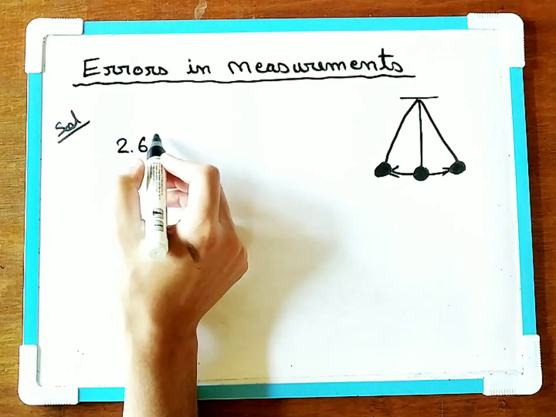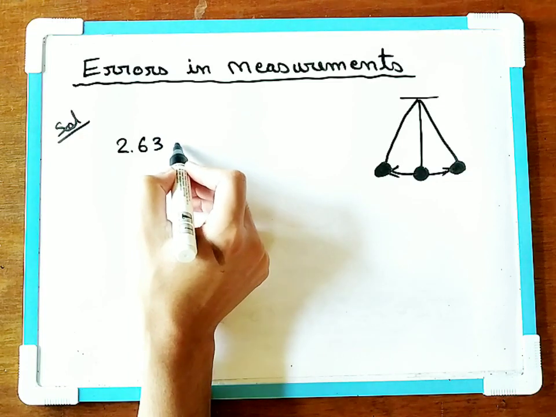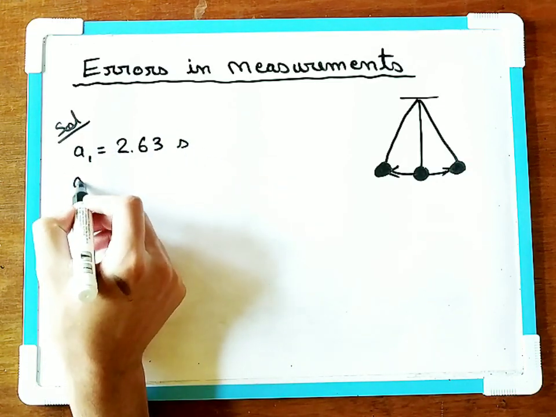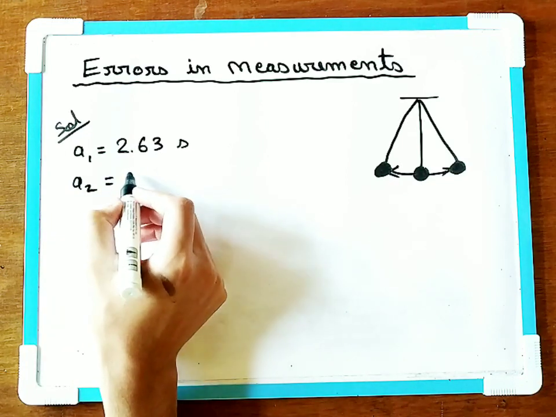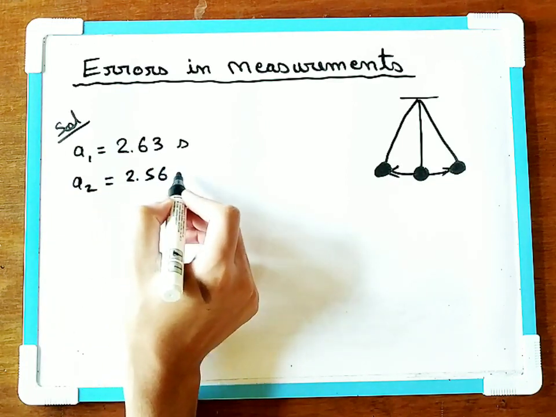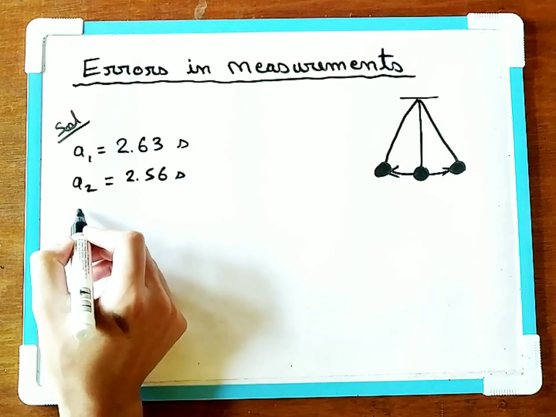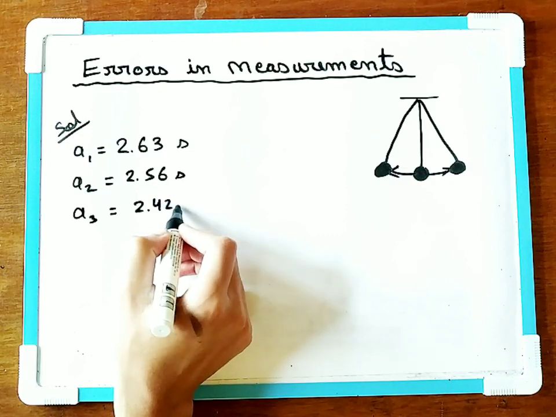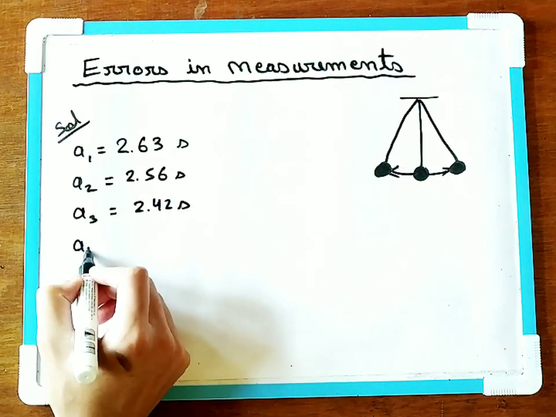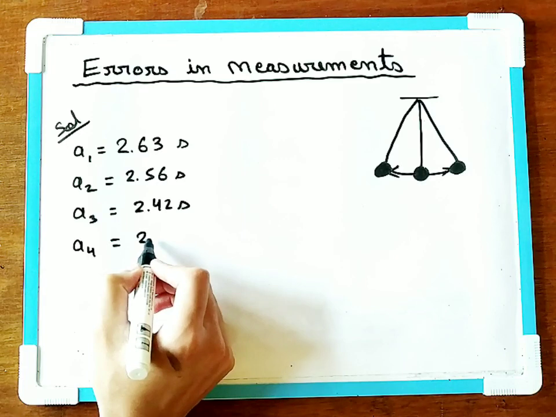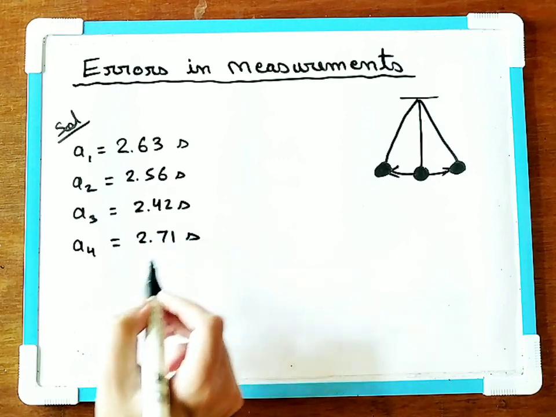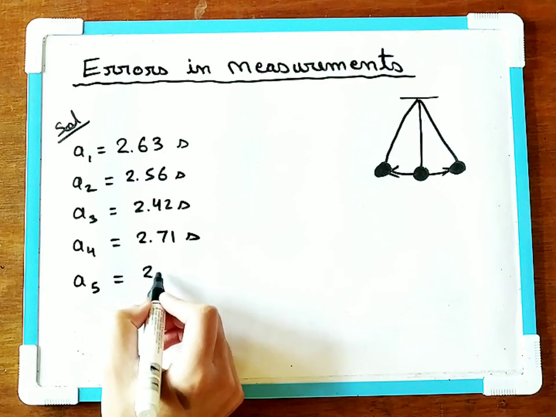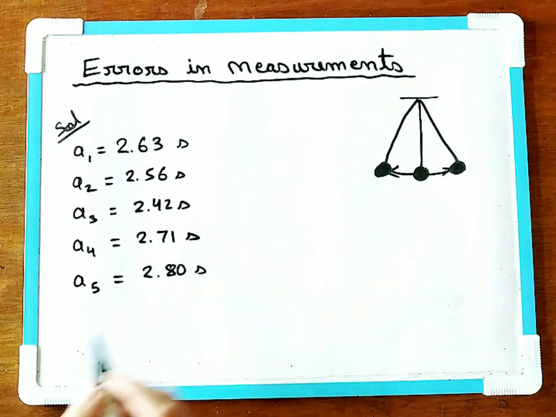2.63. This is the first measurement, so I'll take this as the first reading. Then the second measurement will be 2.56 seconds. Then the third will be 2.42 seconds. The fourth is 2.71 seconds, and the fifth one is 2.80 seconds.